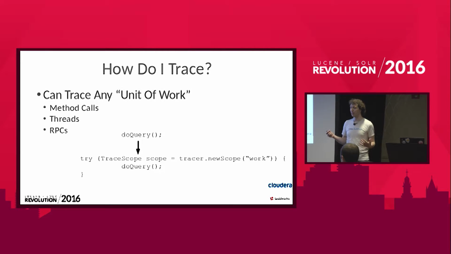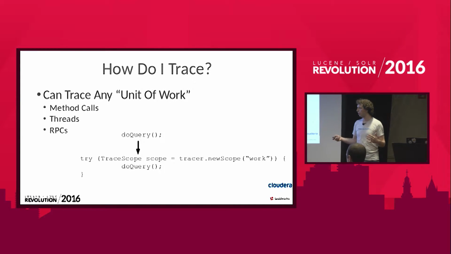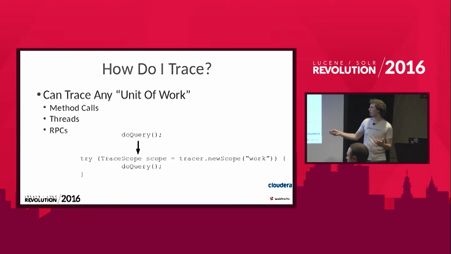The idea is you can trace anything that's a unit of work. So a method call or several lines or several things. A thread execution like callables and runnables are great examples of this in Java land. Or over RPC. So you send a request, the whole request is one trace, right? And traces can have subtraces. We'll see more of that in a couple slides. But the general idea here is that you have some method, and you create a scope around it.